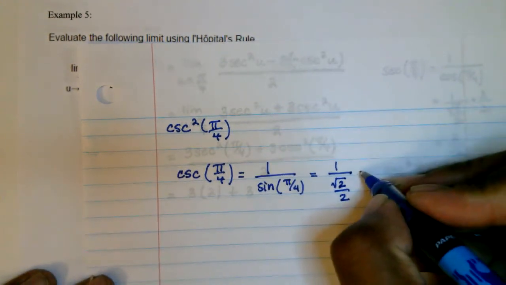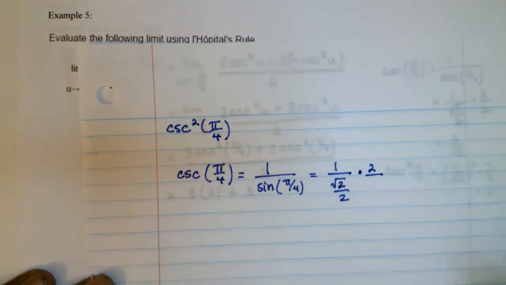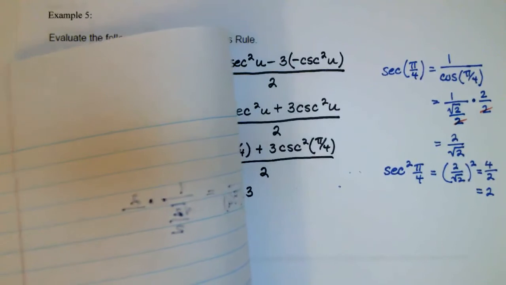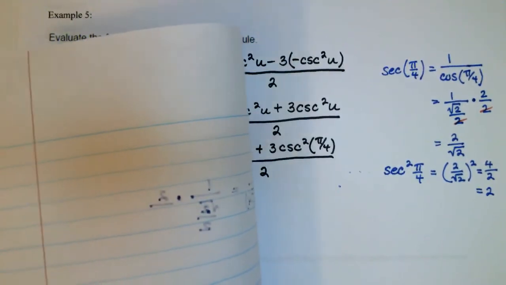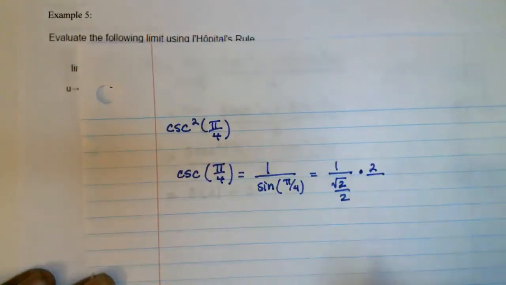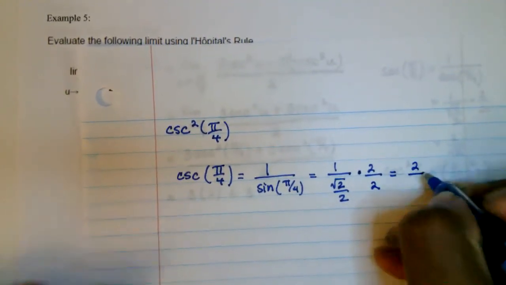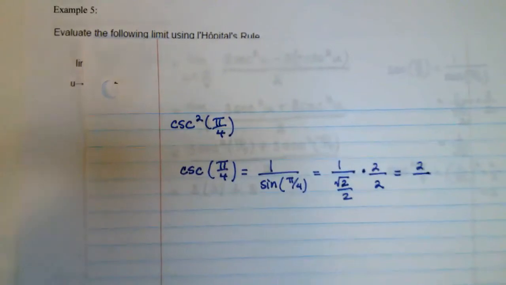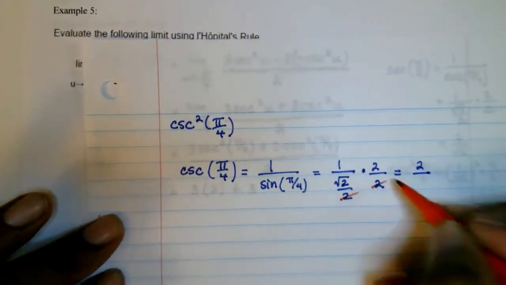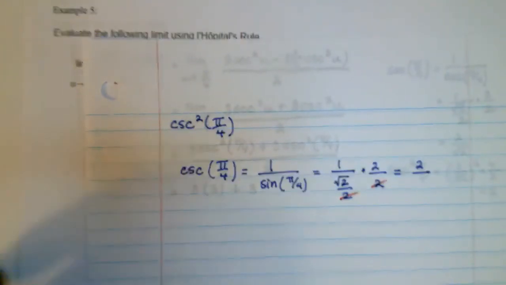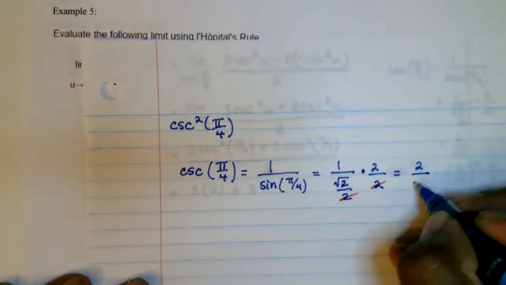And then I'm going to do like I did with the secant being 1 over cosine of pi over 4. I'll multiply that numerator and the denominator by 2. So this will be a 2 in the numerator, and of course, the 2's divide out here. I'll be left with the square root of 2.